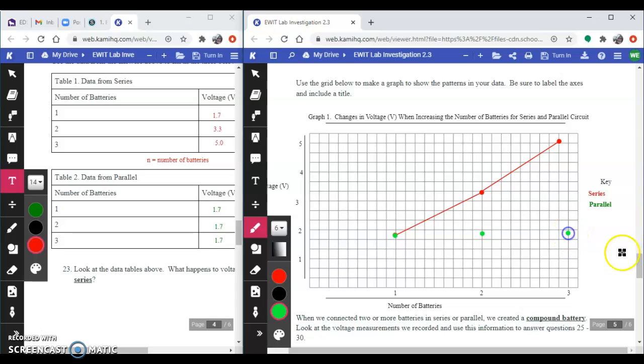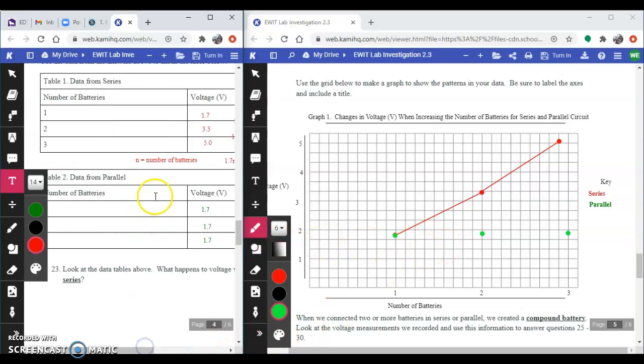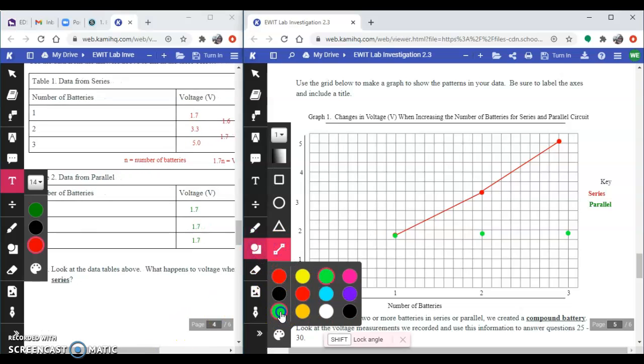So what I want you to see here is that with a series, this is your formula. For every battery that you increase, you're going to increase the voltage another 1.7. But for a parallel circuit, because this is our parallel data, for a parallel circuit, our voltage stays the same no matter how many batteries we add.